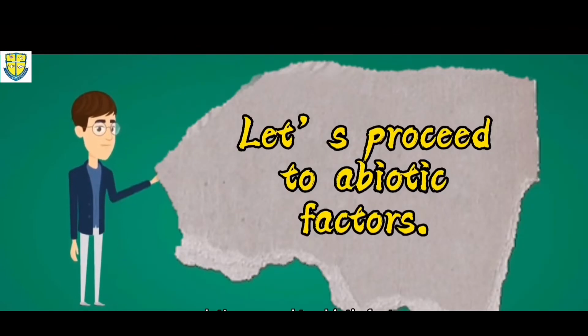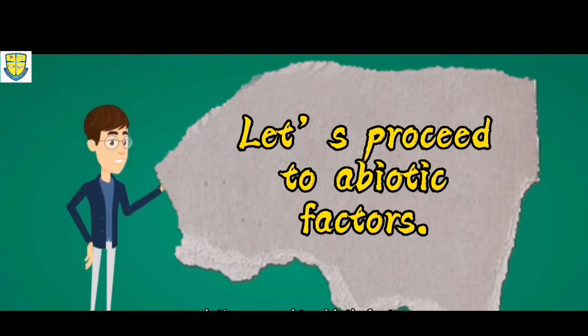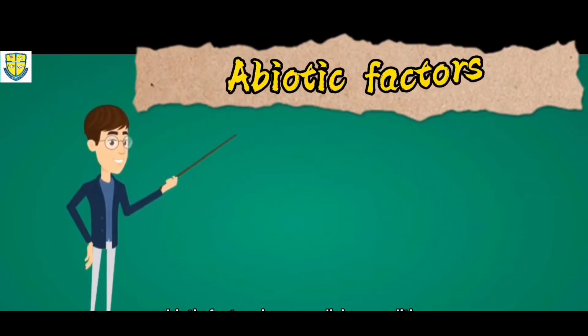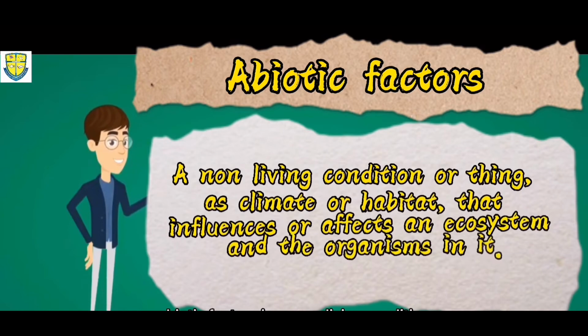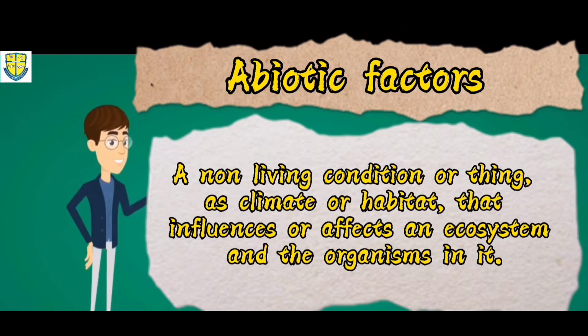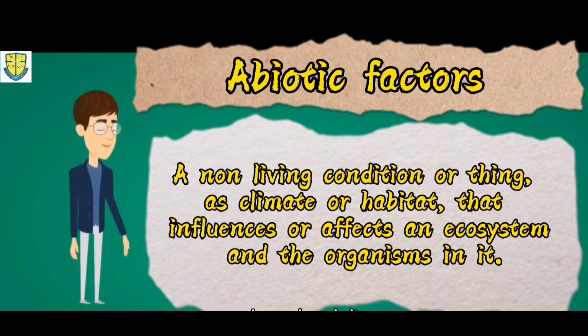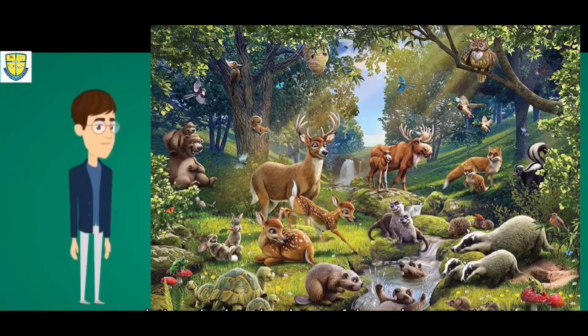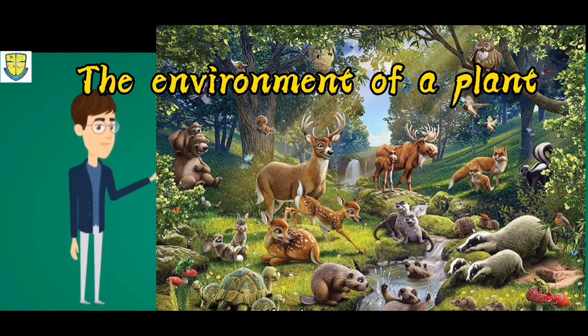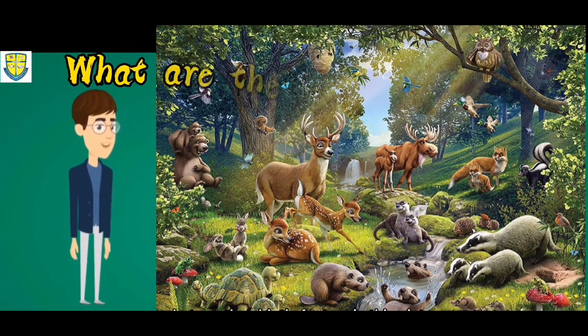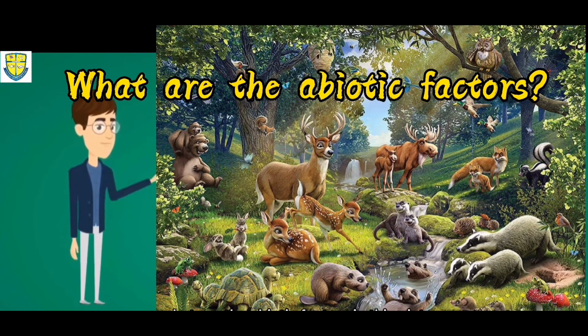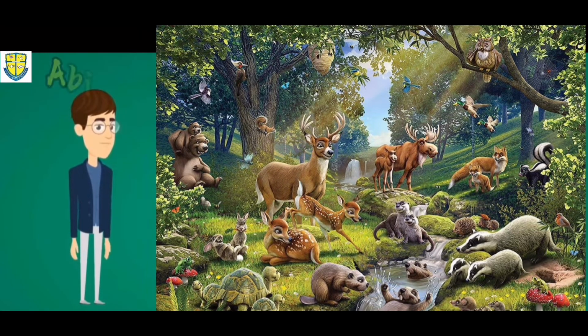Now, let's proceed to abiotic factors. Abiotic factors are non-living conditions or things, such as climate or habitat, that influence or affect an ecosystem and the organisms in it. What are the abiotic factors in this picture?